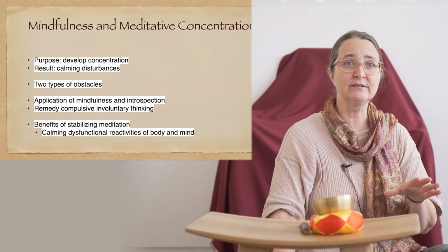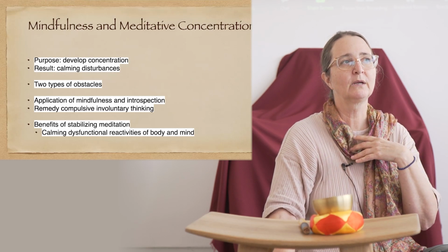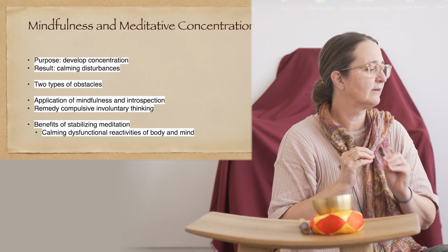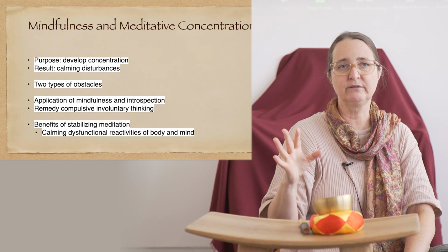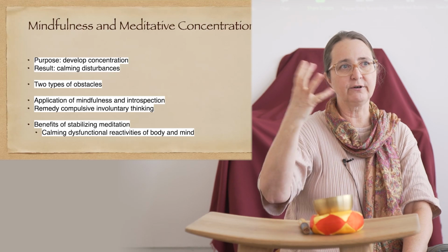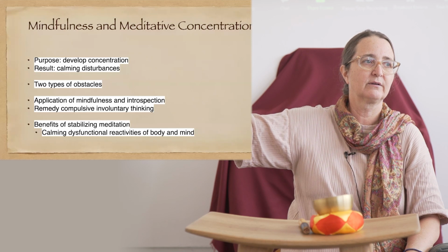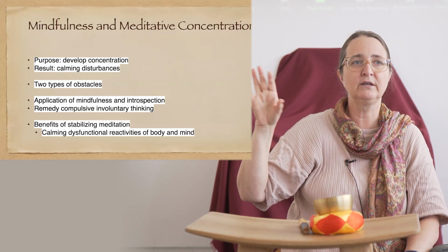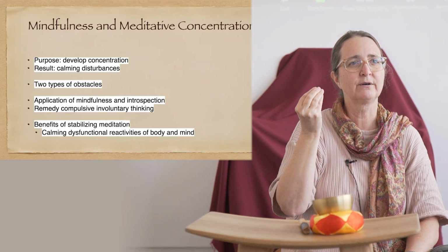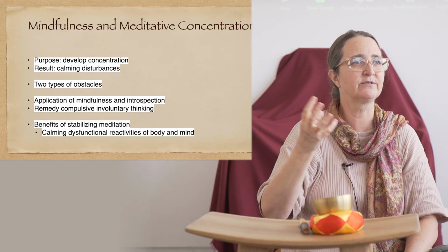Dullness, falling asleep, sleepiness, that lack of sharpness of the mind, and distraction, that agitation where the mind is just going on whatever comes along and is just running with it. Totally agitated. It's a state of agitation, really, where distraction is just the excuse. The agitation is the kind of state.